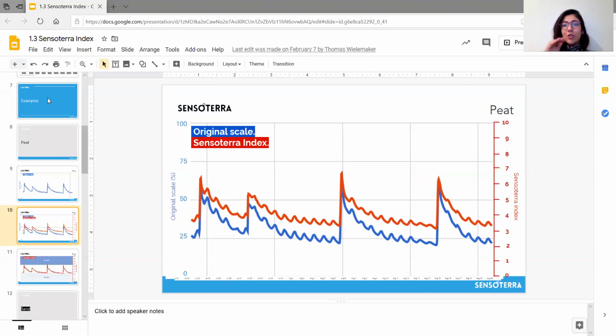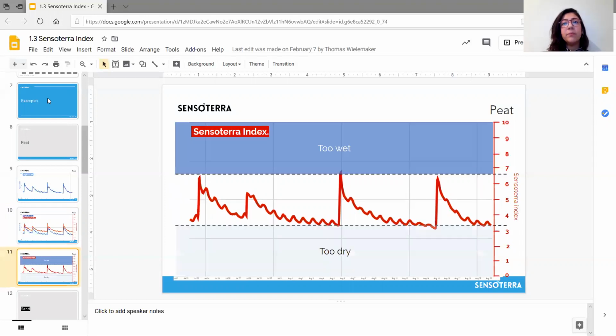You have scores within this scale from 0 to 10 that you can keep as your thresholds. This makes it easier for you on a daily basis to make your irrigation decisions. We give you the information so you don't have to think or stress about this.